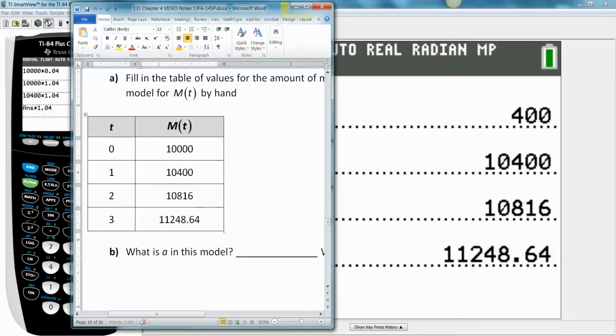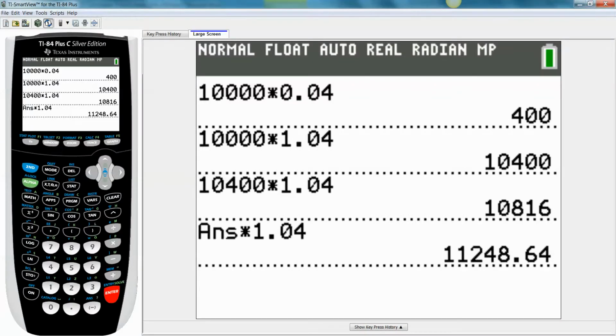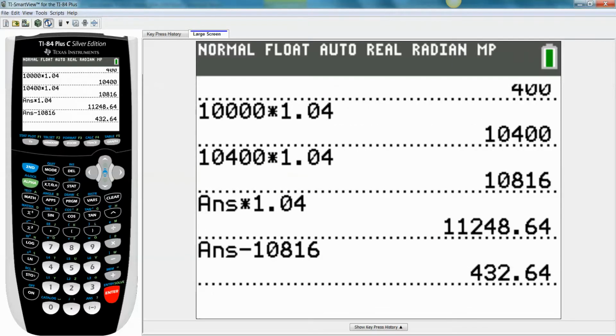You can see it's growing and growing. So the first year was $400 in interest, the next year it was $416 in interest, and the next year, oh, who knows how much that is, but we can find it. If we take that last answer and subtract 10,816, we find we got $432 in interest. So every year we're getting more and more interest.